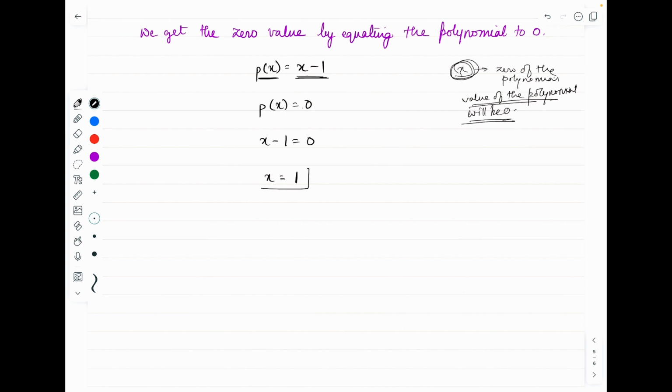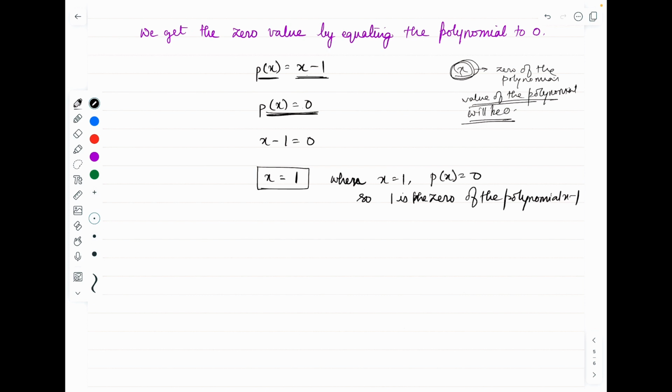So when x equals 1, p of x equals 0. So 1 is the zero of the polynomial x minus 1. Understood? For finding the zeros of the polynomial, we have to equate p of x equals 0.